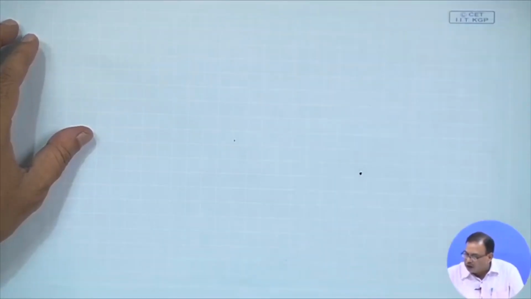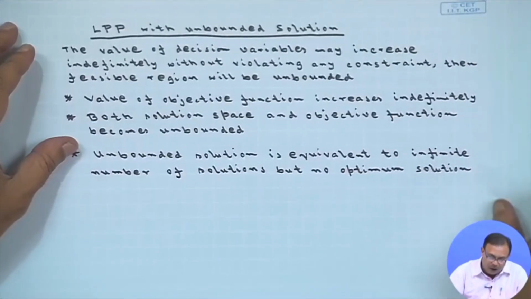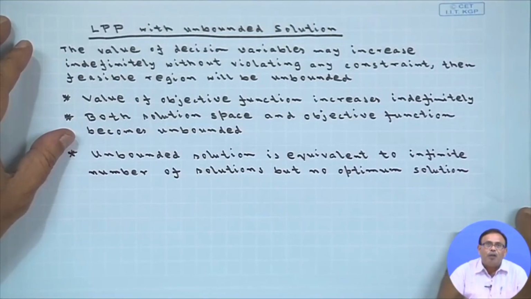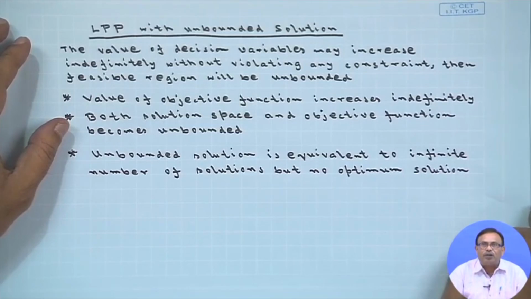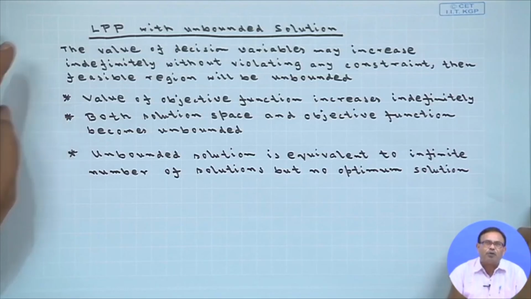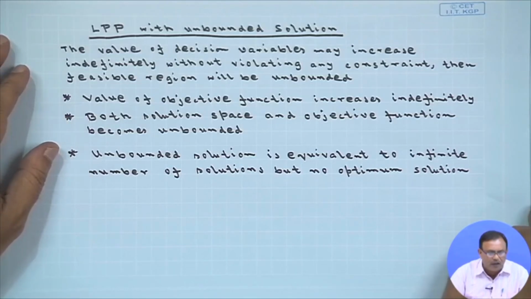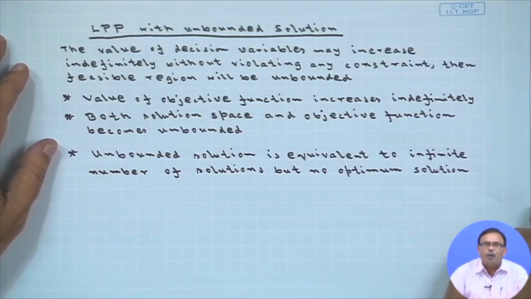And the last one is an LPP with an unbounded solution. Please note that the values of the decision variables may increase indefinitely without violating any constraint, as we have shown earlier. In that case, the value of the objective function increases indefinitely.